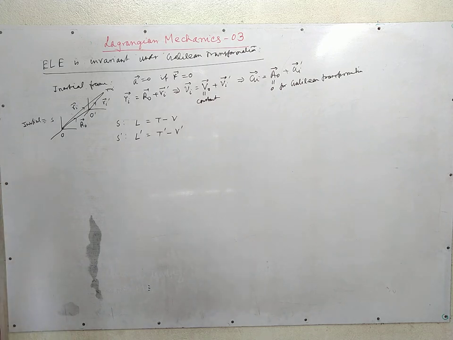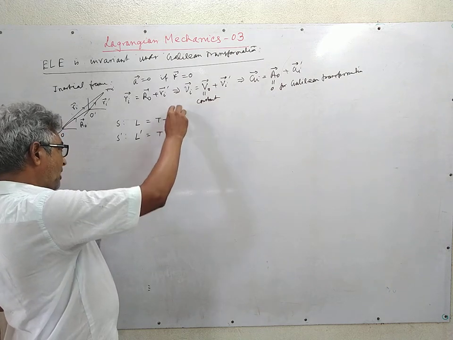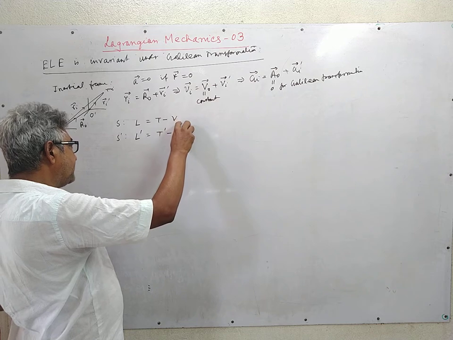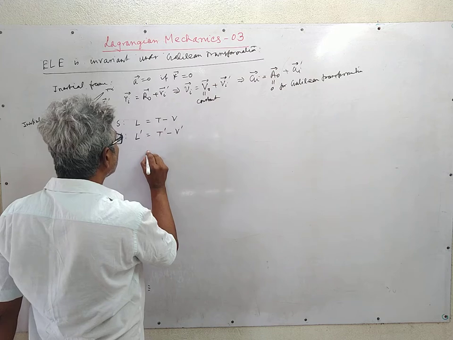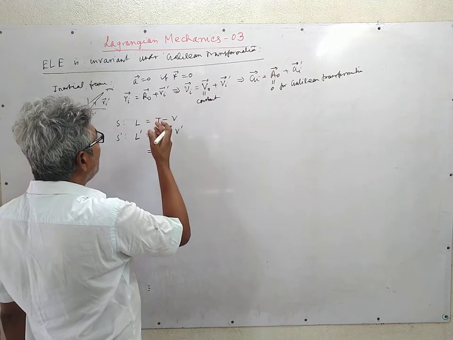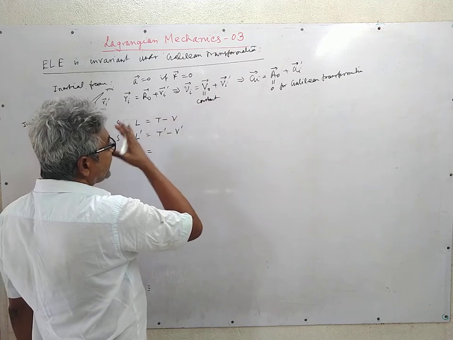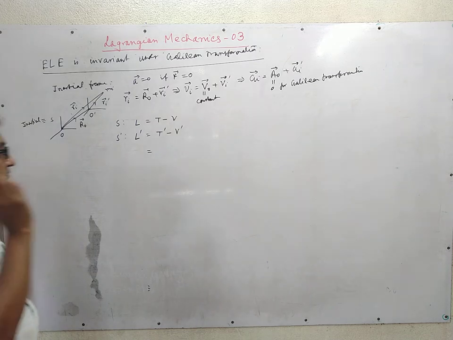If we say the zero level of potential is the same in both the frames, then V and V prime are the same. Only thing is that when we write V, we write it as a function of ri's, and when we write V prime, we write it in terms of ri primes. So our aim is to set up a relation between L prime and L, where these positions and velocities are related via Galilean transformation.